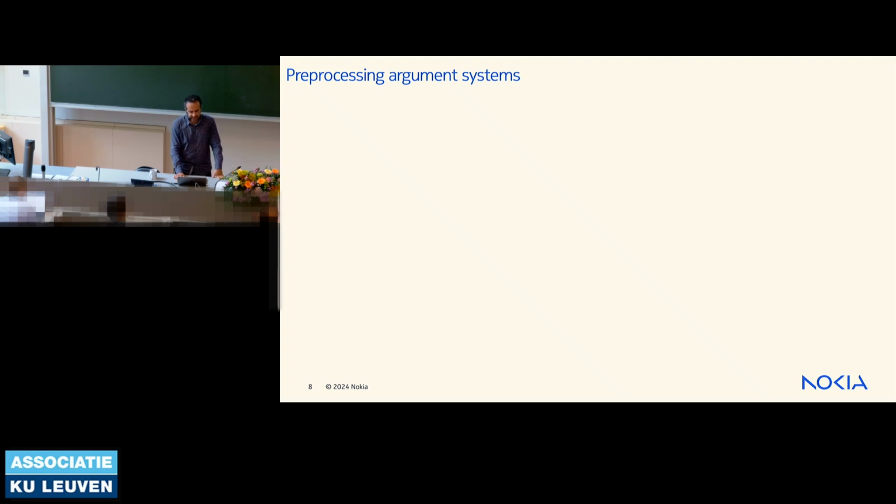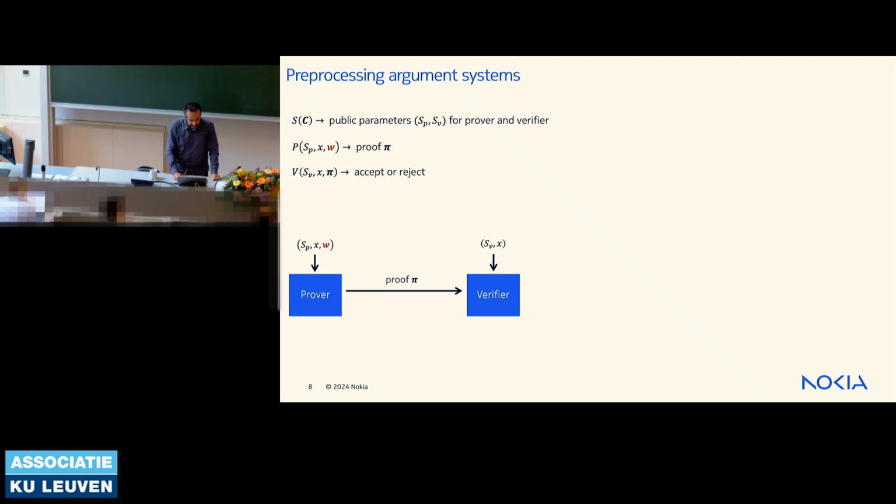So maybe first we should talk about a pre-processing argument system. Because what we have seen so far was the argument system, the very simple Schnorr protocol, where you just run these interactive proofs. But in the pre-processing argument system, there's a setup time.